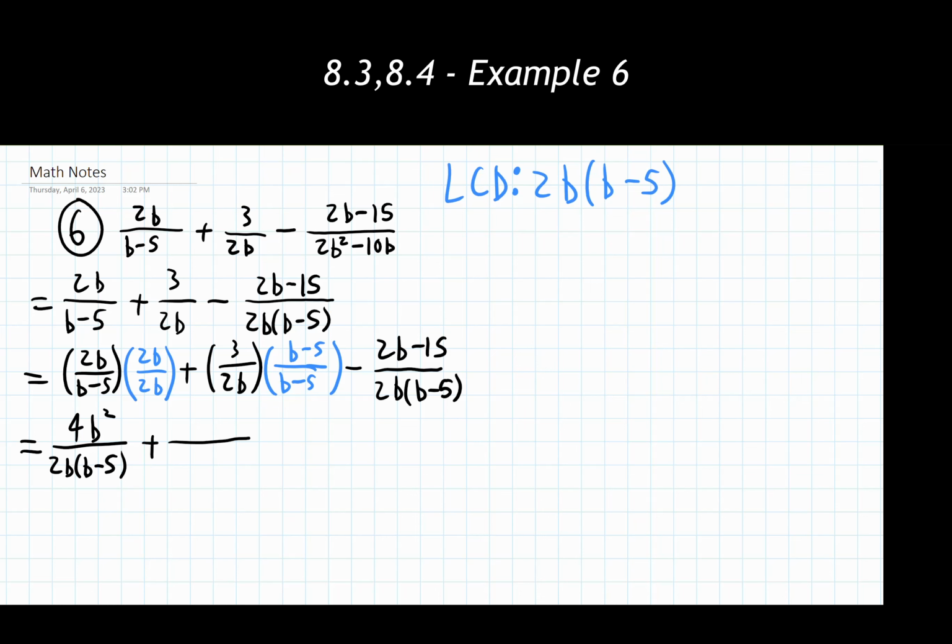So I'd recommend not doing that and saving yourself a little bit of extra work. And what's nice about this then is we can pretty much just write out the denominator as the lowest common denominator right from the beginning. So my numerator for the second expression, that's going to be 3b minus 15. Nothing happened with the last one. So I'm just bringing that down exactly as it is. Nothing's changing there.